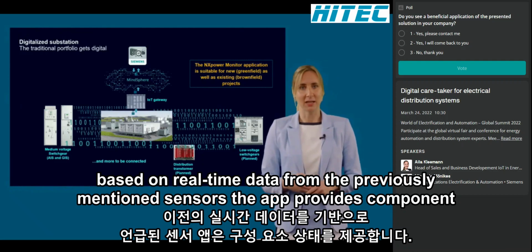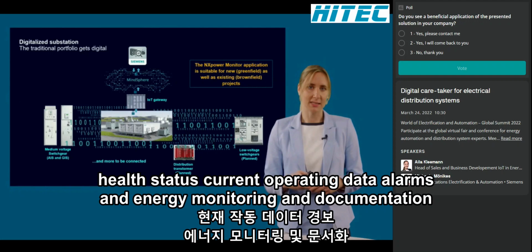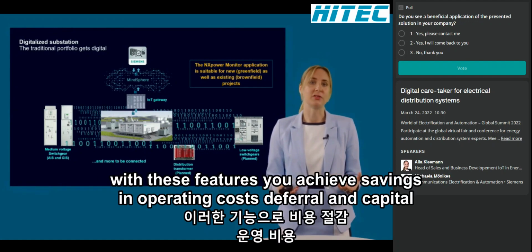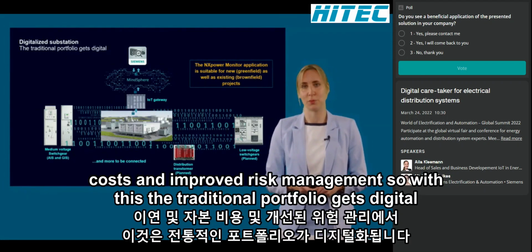Based on real-time data from the previously mentioned sensors, the app provides component health status, current operating data, alarms, and energy monitoring and documentation. With these features, you achieve savings in operating costs, deferral in capital costs, and improved risk management. So with this, the traditional portfolio gets digital.